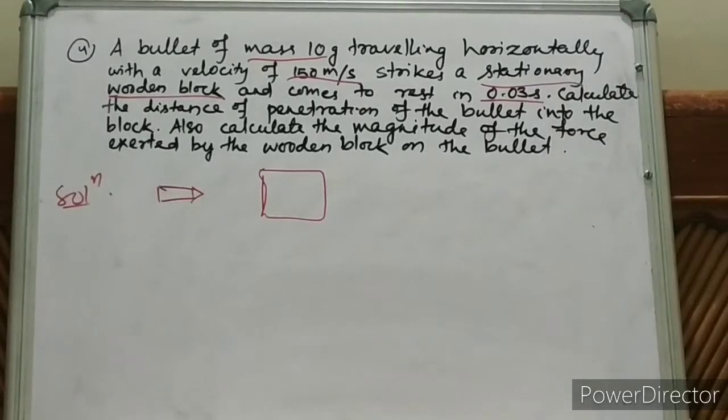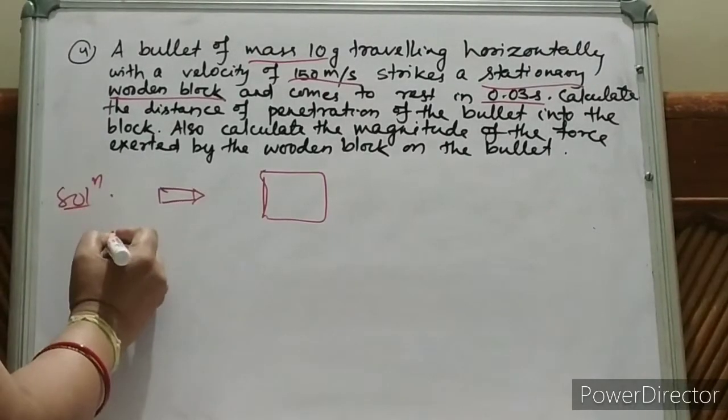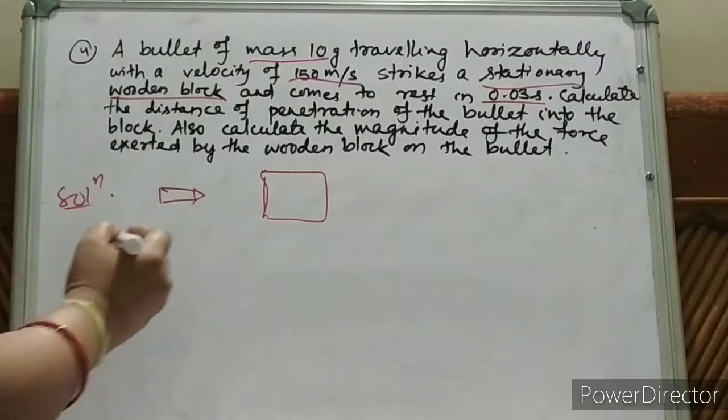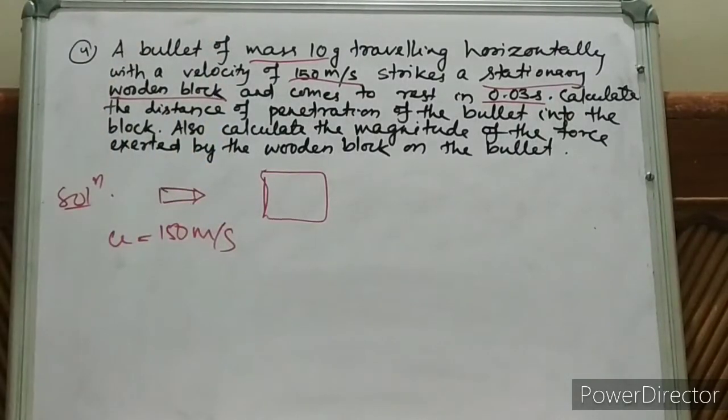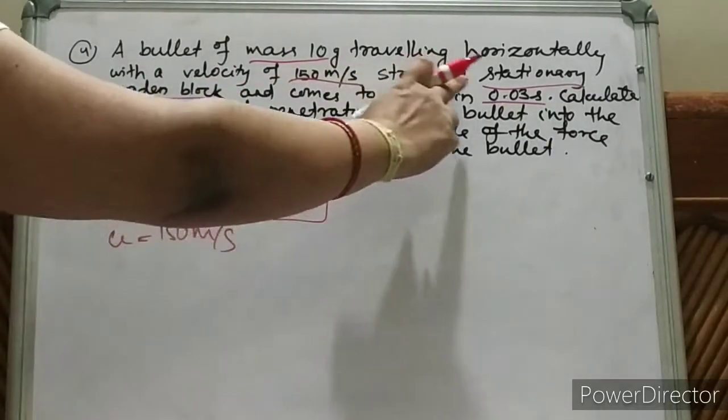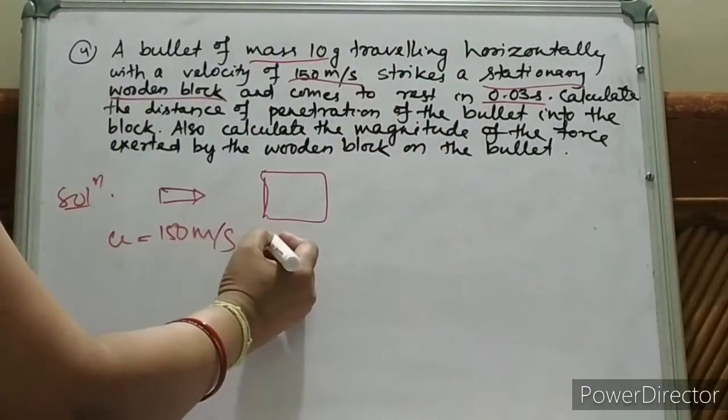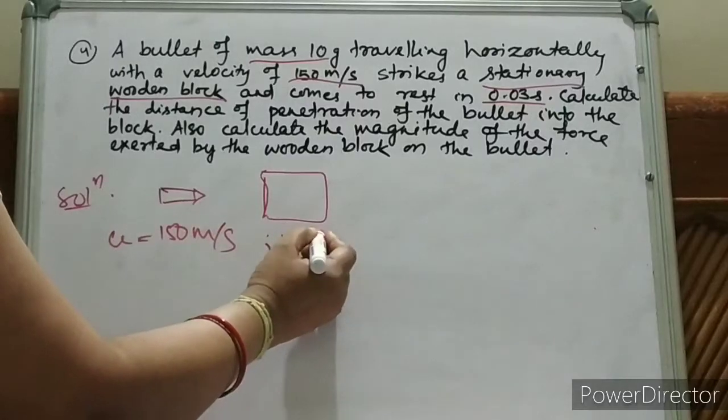So what is the data given? First write down, u is given 150 meter per second. That is the initial velocity, and it comes to rest, that means v is also given, 0.